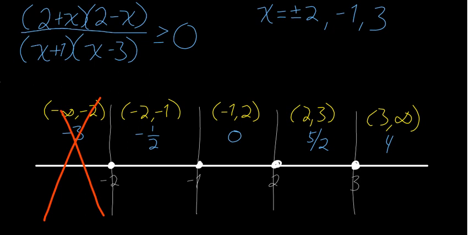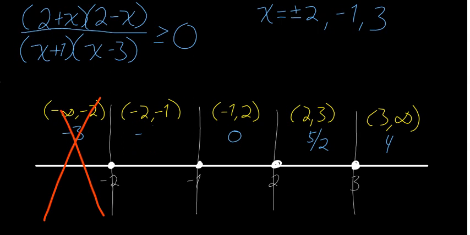Positive, positive, positive, and a negative. So you have a positive times positive, positive over negative. So this shouldn't be correct, but I'm thinking it is, because negative 1/2 should work. That's my issue.